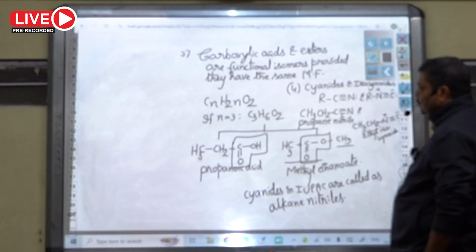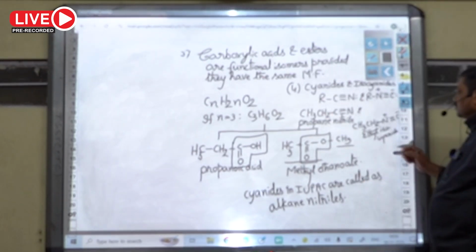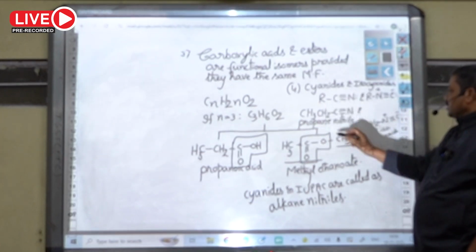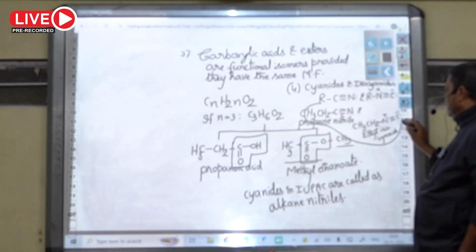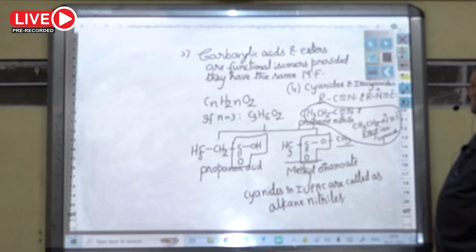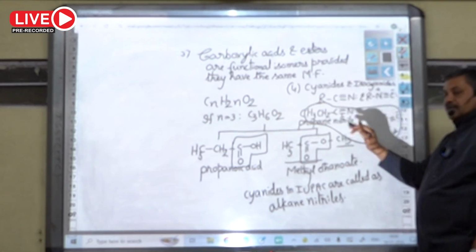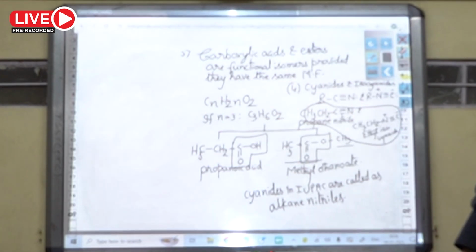Isocyanides in the IUPAC system are called carbylamines, so ethyl carbylamine. Now the fifth example. So ethyl cyanide and ethyl isocyanide. This common name is ethyl cyanide, this common name is ethyl isocyanide. They represent what? A pair of functional isomers.